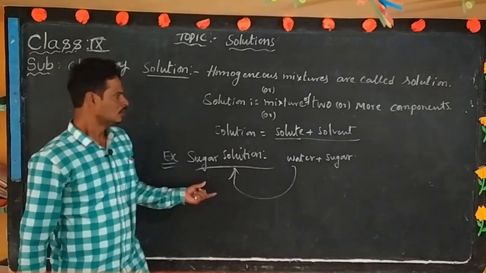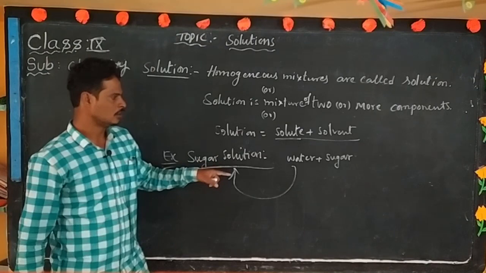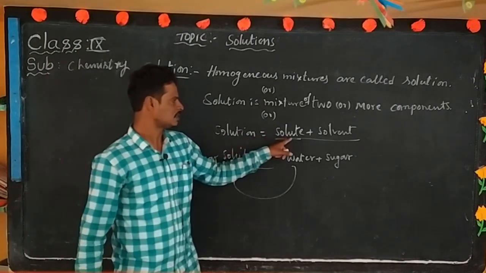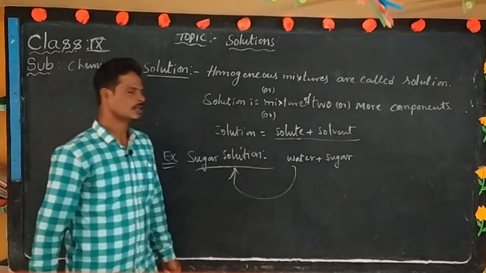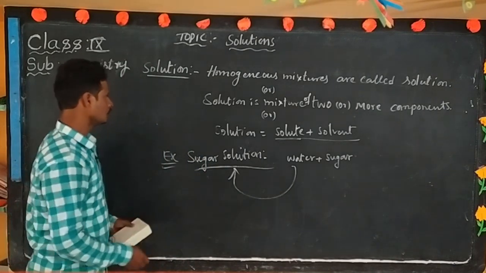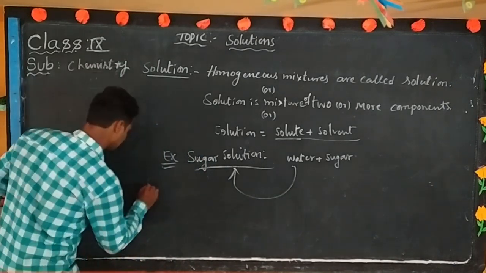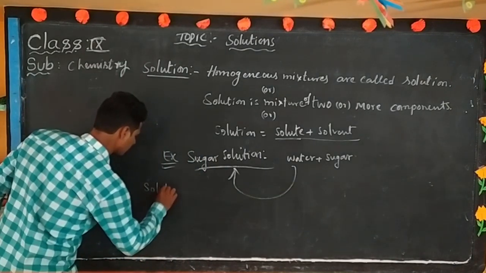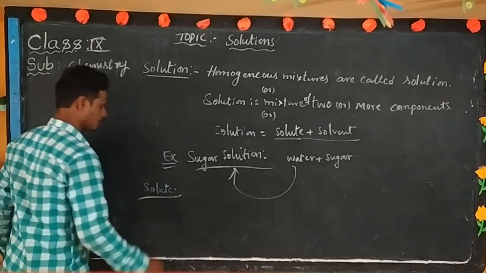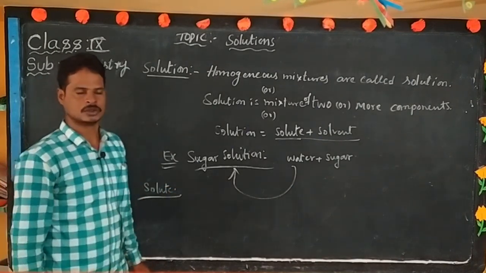Before going to the identification of solute and solvent, first, what is the definition of solute, what is the definition of solvent? First one, solute. What is the meaning of solute?